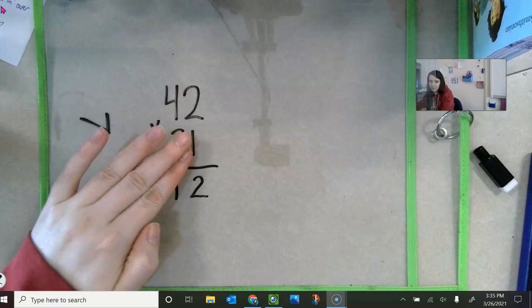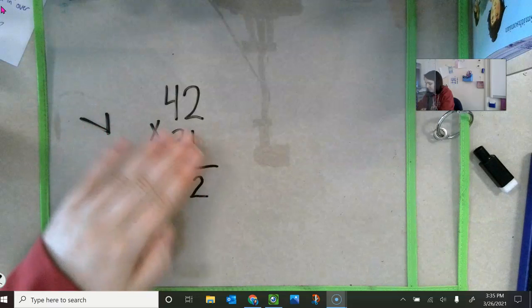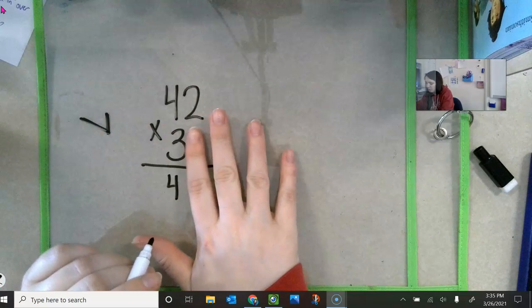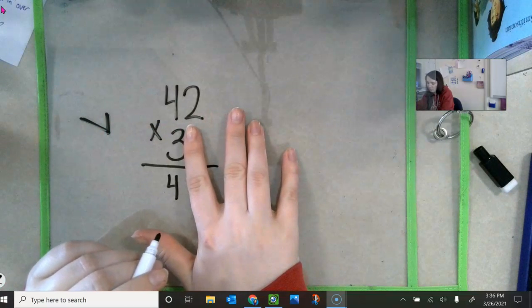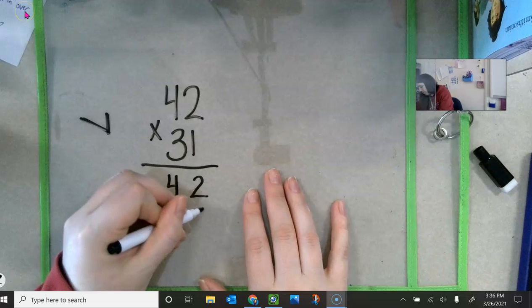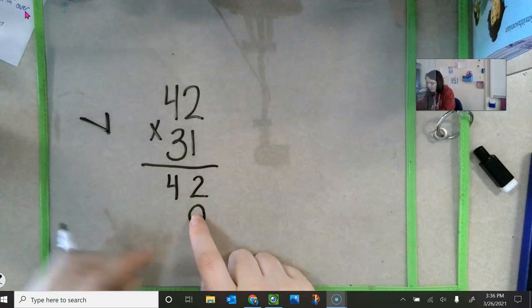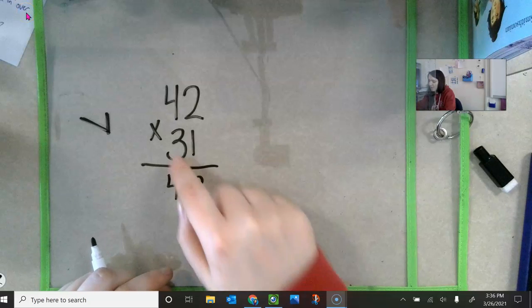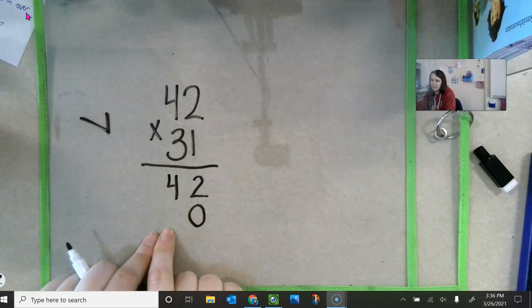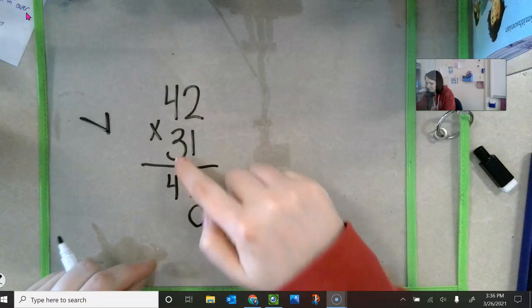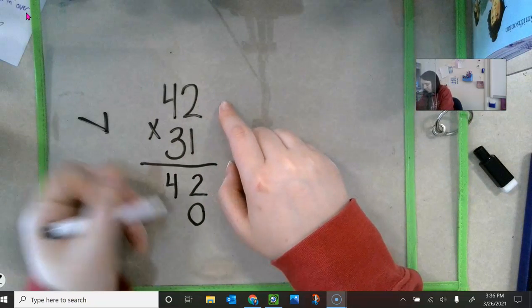If I cover that, you can see that really it's just 1 times 42. Then I'm really going to do 30 times 42. So I'm going to make sure I put my placeholder 0 in. Your placeholder 0 always goes in the ones place. That way your partial products automatically go into the tens place since you're multiplying times a 10. 3 times 2, that's 6.